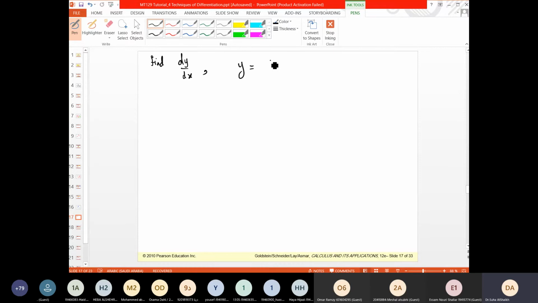The y is equal to u squared plus 1 to the power 5, let's say, and u is equal, let me say, x to the power 3. Okay, so y is a function of u and u is a function of x. I find the derivative of this, I find the derivative of this, multiply them together, I change all the u's to x, and I get the answer.